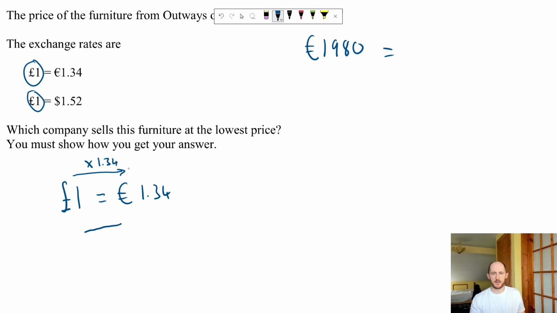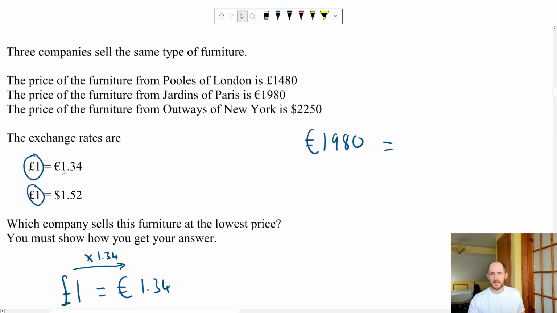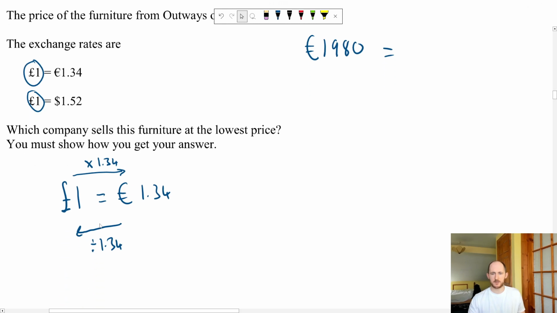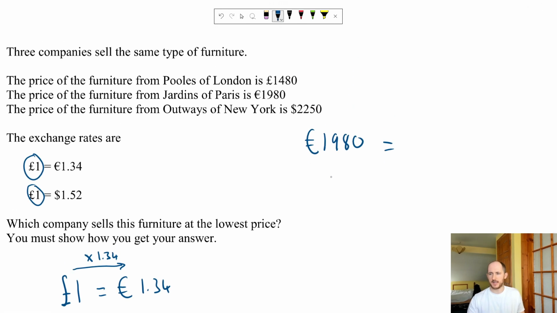But if you're going in the opposite direction, you always divide by whatever the exchange rate is. So here, am I going from pounds to euros or euros to pounds? I'm going from euros to pounds, so I'm going in the opposite direction. So I'm going to divide by 1.34. This is a calculator question, or at least I'm making it now.